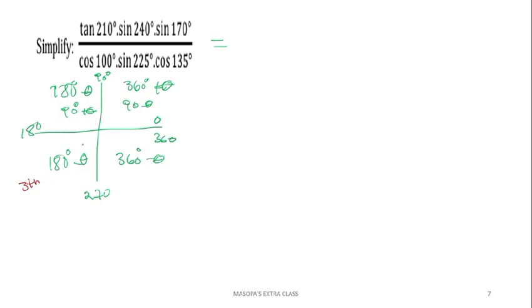So now we're going to reduce it. We say 210 minus 180, that will give you 30. So we have tan of 180 plus 30. This is supposed to be plus.